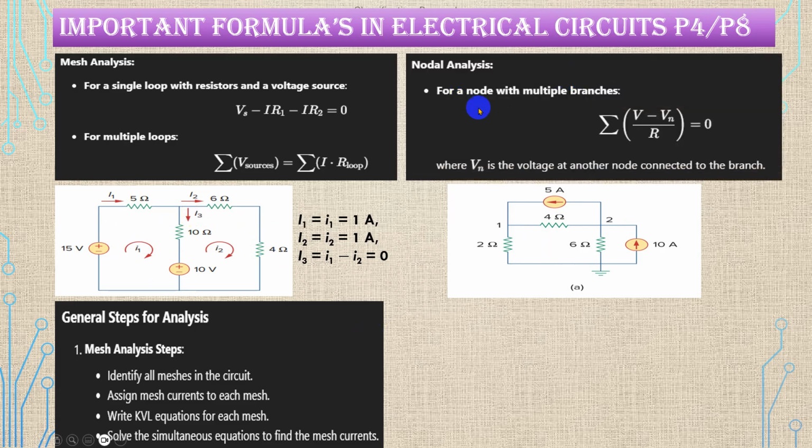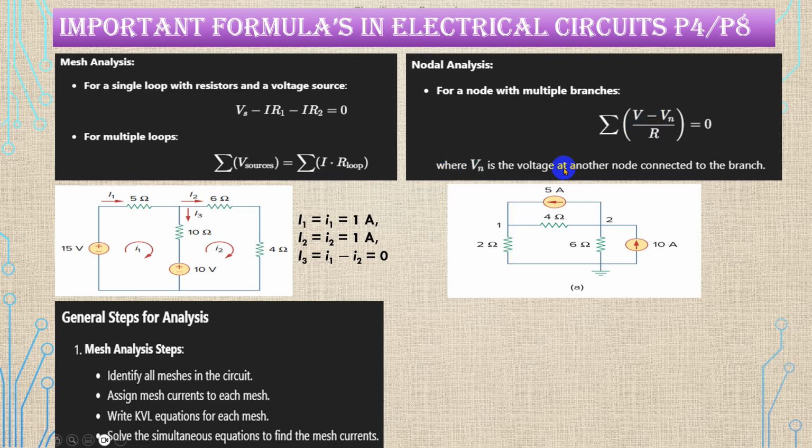Now coming to the node analysis. For node analysis with multiple branches, let us take that we have branches one and two, and one should be taken as the reference ground. Then it is V starting minus V minus Vn divided by R, which is equal to 0. V by R is nothing but the current, so it is called KCL, Kirchhoff's current law, that we are following here.